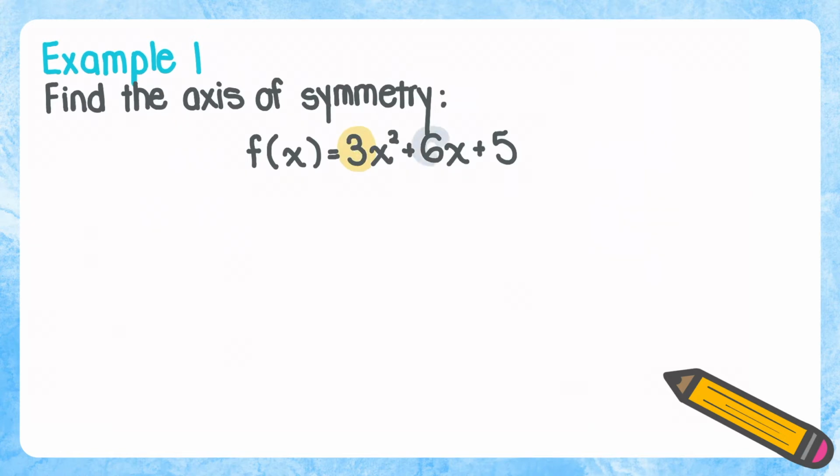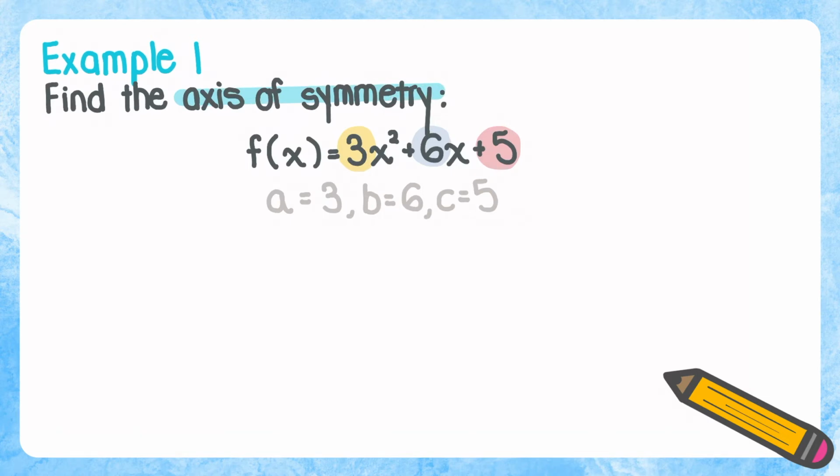We see that a equals 3, b equals 6, and c equals 5. Let me write this down here. Again, a equals 3, b equals 6, and c equals 5. We're going to use this to find the axis of symmetry.